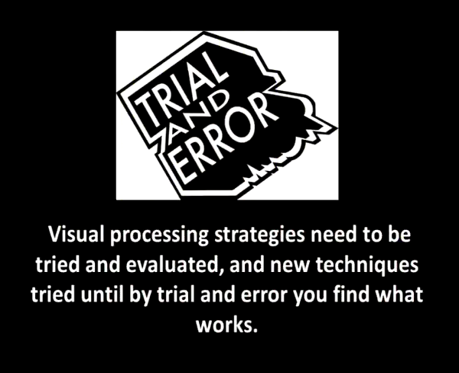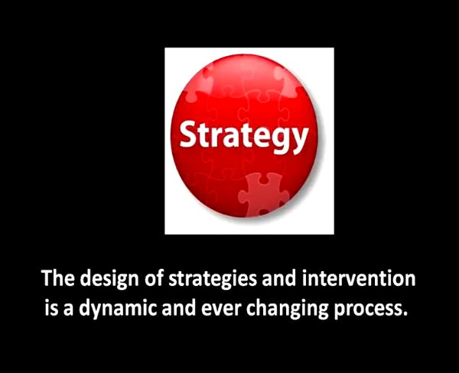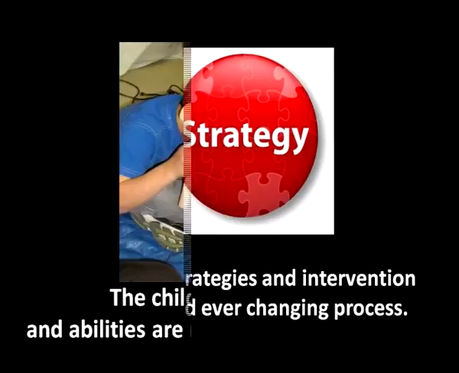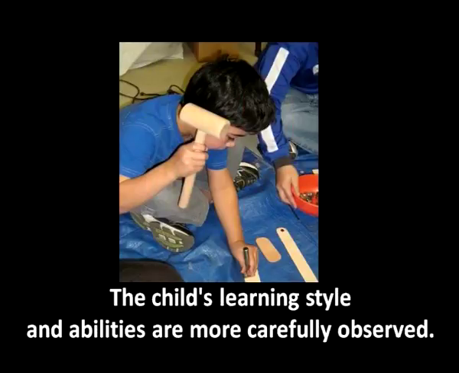Visual processing strategies need to be tried and evaluated, and new techniques tried until by trial and error you find what works. The design of strategies and intervention is a dynamic and ever-changing process. Although this may sound overwhelming initially, it is important to remember that the process of finding successful intervention becomes easier with time as the child's learning style and abilities are more carefully observed.